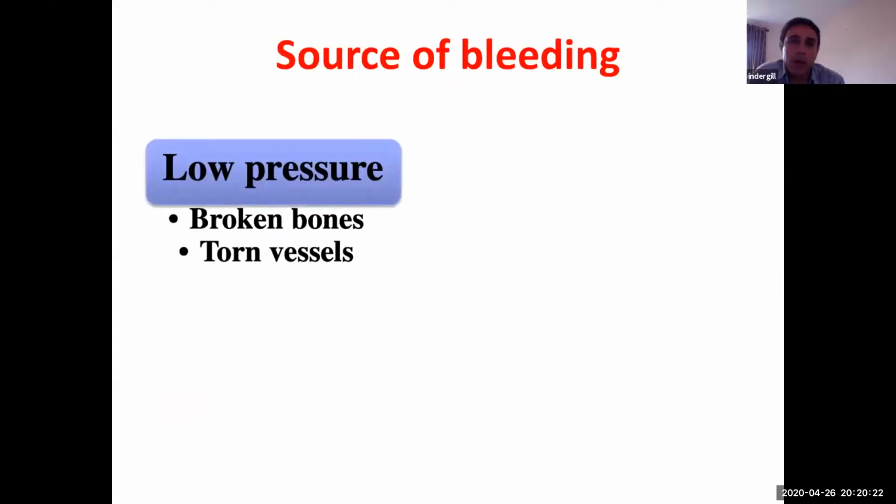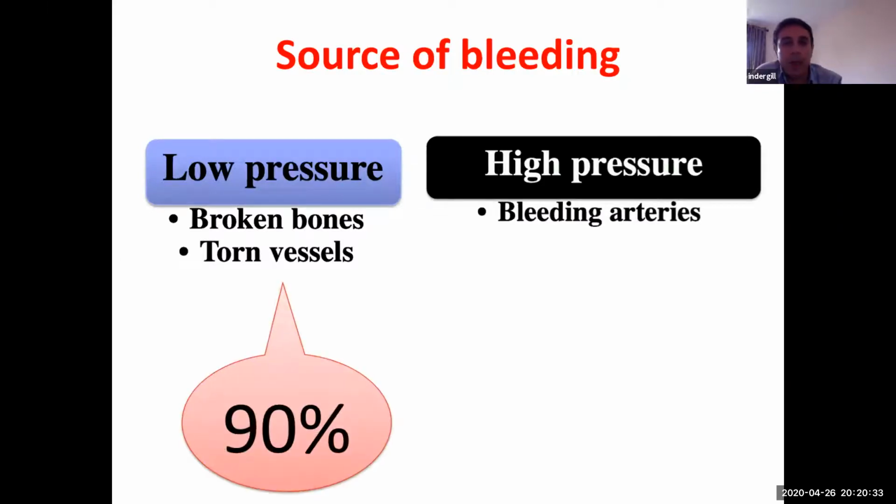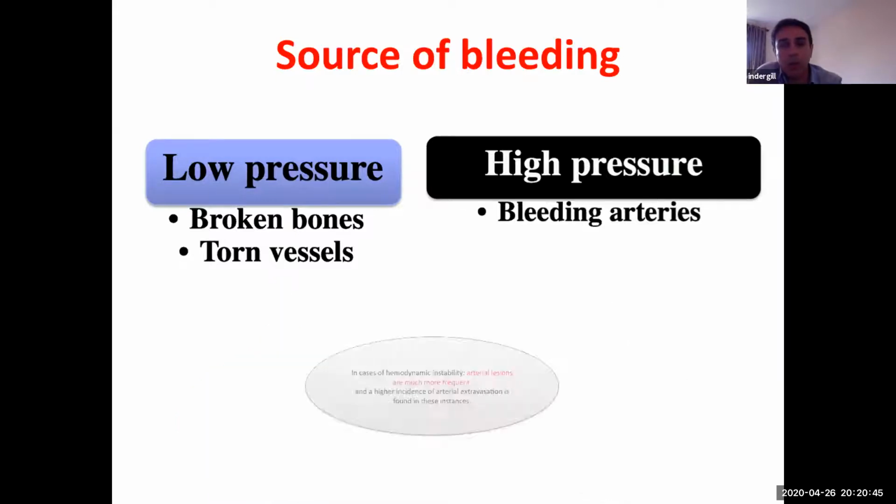So source of bleeding, as you all know, there's the low pressure system, which is the broken bones and the torn vessels, essentially the veins, and then you've got the high pressure system, which is the arteries. In 90% of cases, the bleeding is from the low pressure system, where pelvic packing is the effective treatment, and in 10%, it's the high pressure system. So that might help to judge what you want to do.